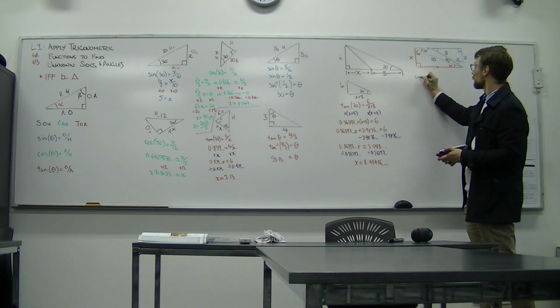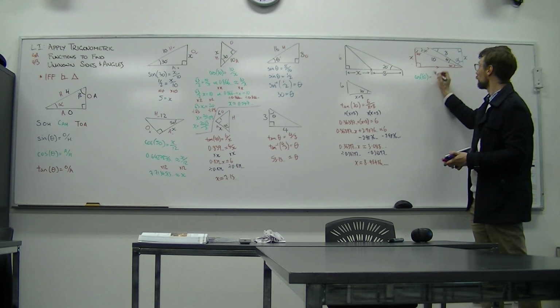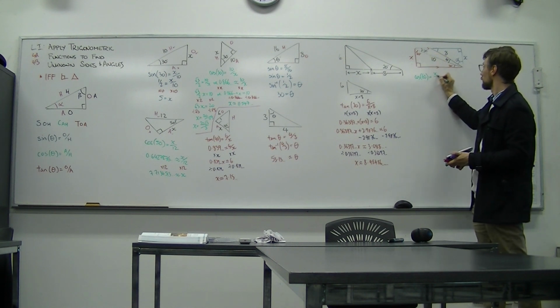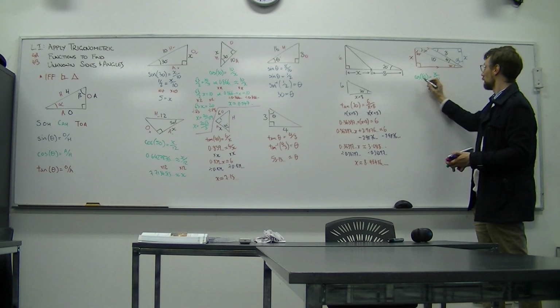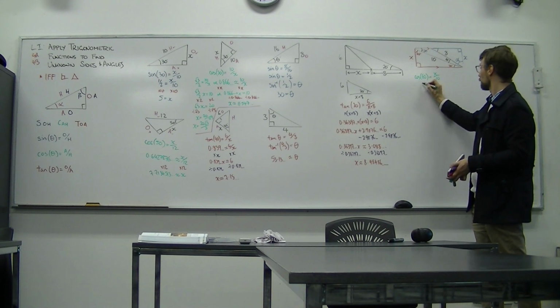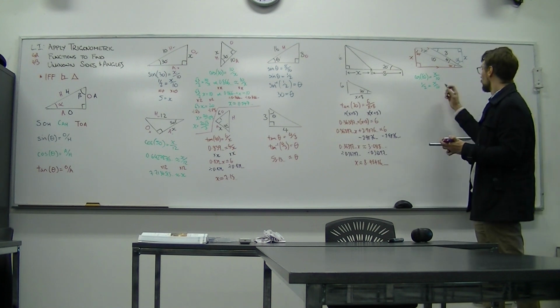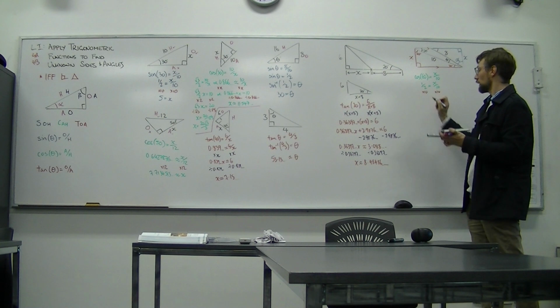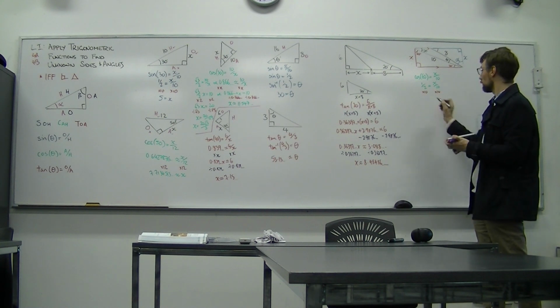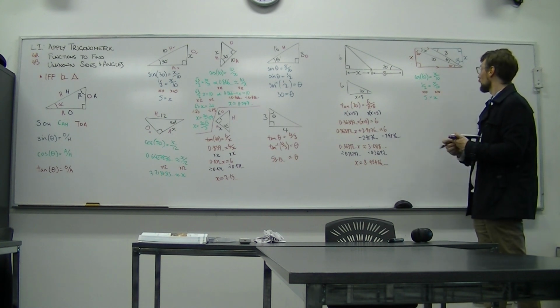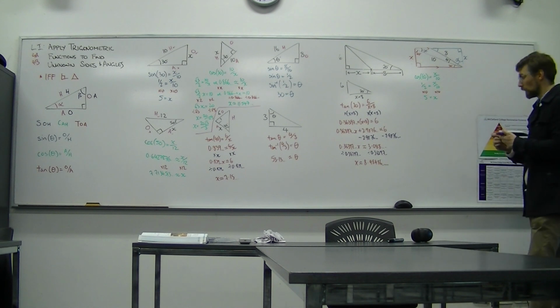So cos of 60 equals a over h, x over 10. Fantastic. Cos 60 is half. So I've got a half equals x on 10. Multiply by 10. Half times 10 gives me a 5. 5 equals x.